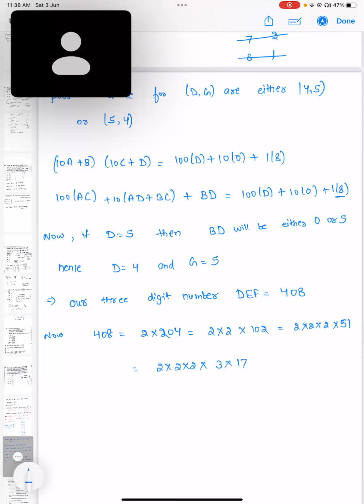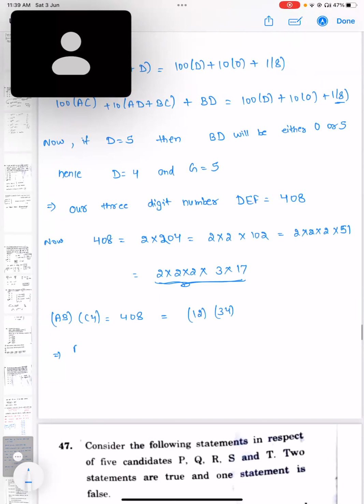Now we need to have AB into C4 equal to 408, and we need a 2-digit number for C4. So 408 can be written as 12 into 34. Right? Because we have the prime factorization for 408 and we need something of this sort. So 12 into 34 is a choice.